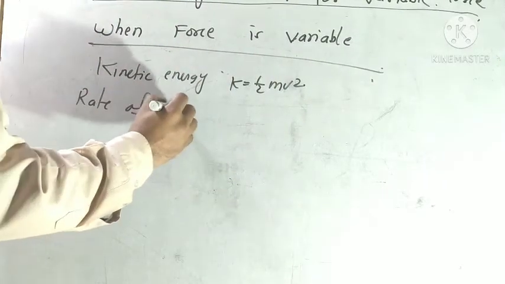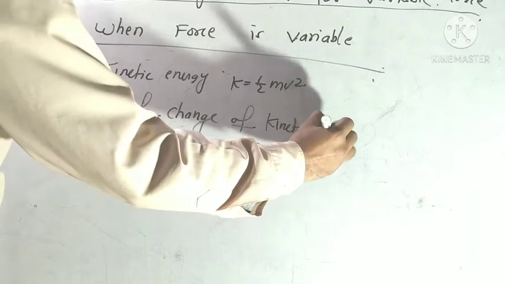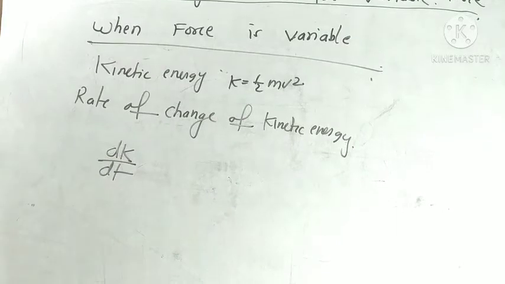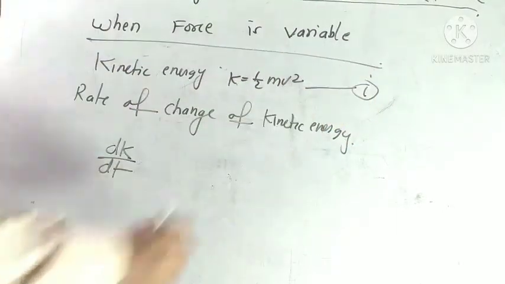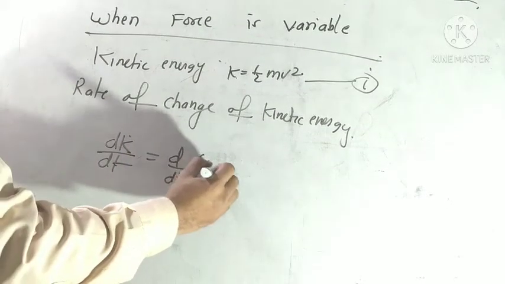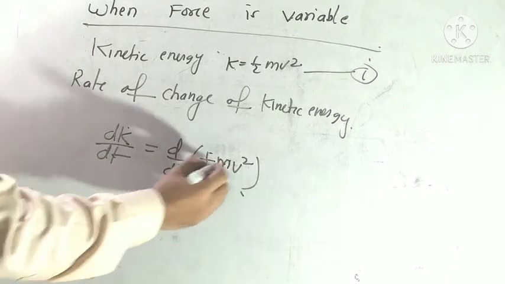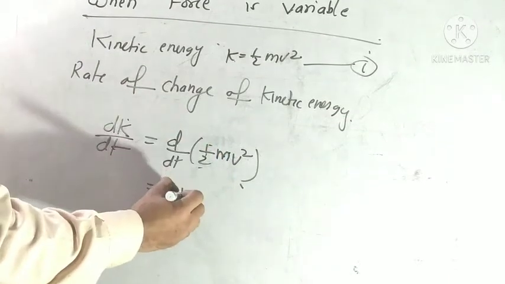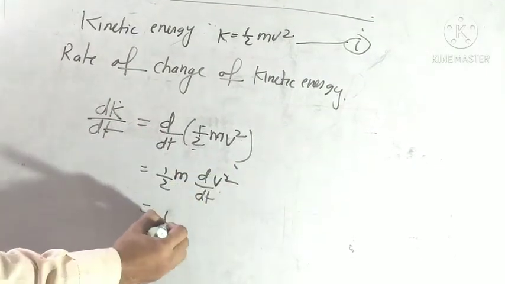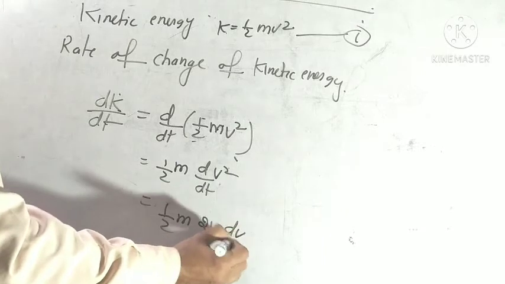So rate of change of kinetic energy is dK upon dt, so we differentiate equation 1 with respect to time t. So dK upon dt is equal to d upon dt of half m v square. Here half m is constant, so it comes out of the differentiation, leaving d upon dt of v square. So half m 2v dv upon dt.